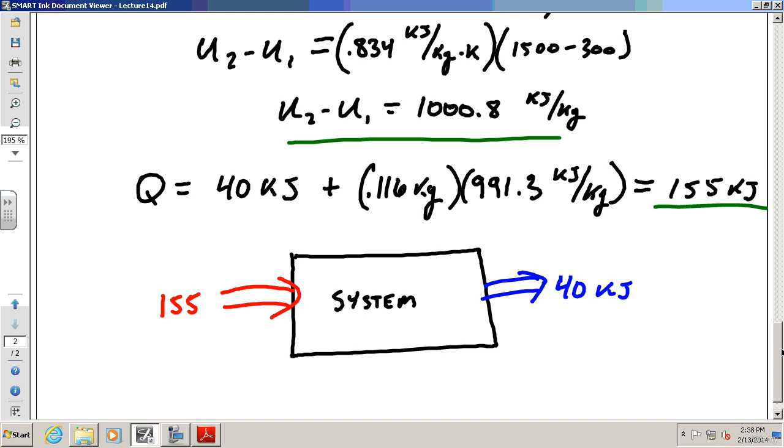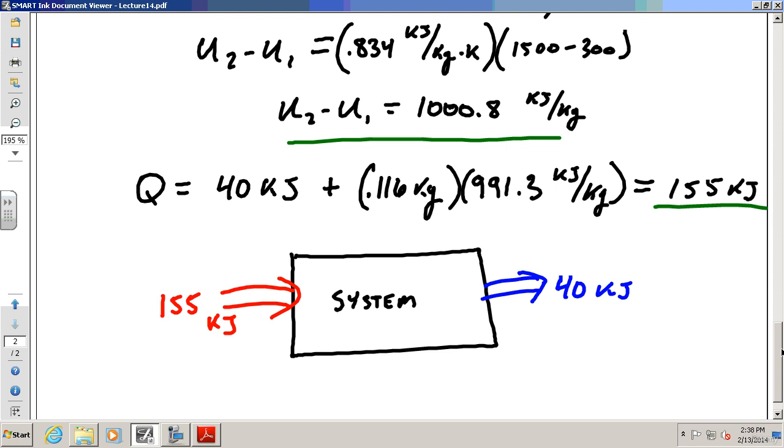155 kilojoules. So I put 155 kilojoules of heat into that system. I got 40 kilojoules of work out of that system. Where did the other energy go? What happened to the other 115 kilojoules of energy? Poof, disappeared? What? It goes back out as heat.